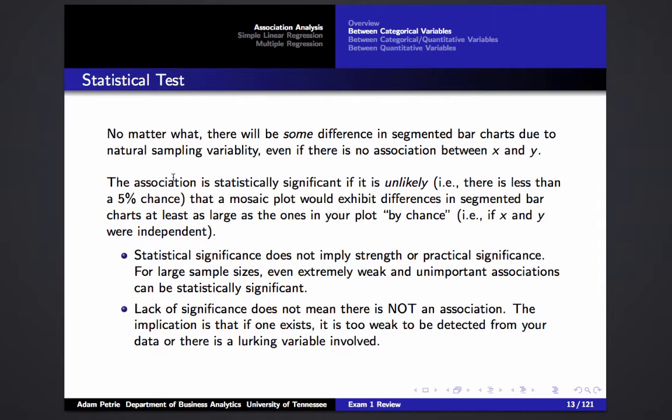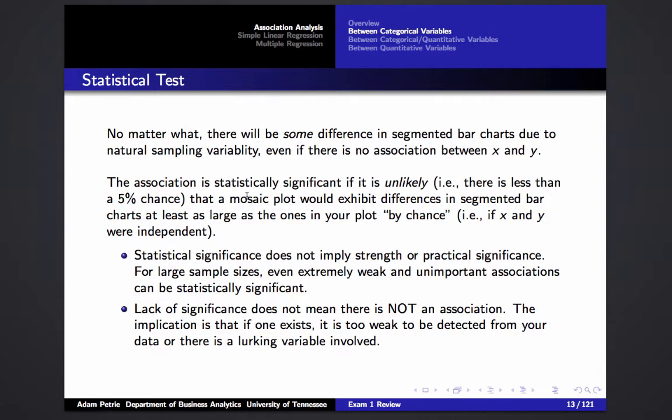And so what we're going to say is that the association is statistically significant if it's unlikely, in other words, there's less than a 5% chance, that we would actually get a mosaic plot that would exhibit differences in segmented bar charts at least as large as the ones that we actually found in our data, just by random chance. In other words, if x and y were independent of one another.